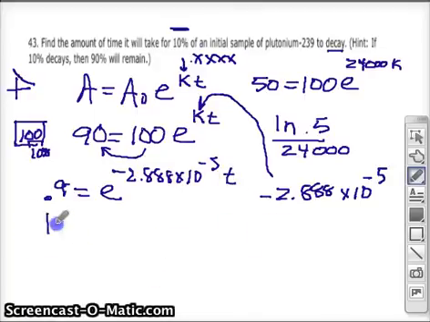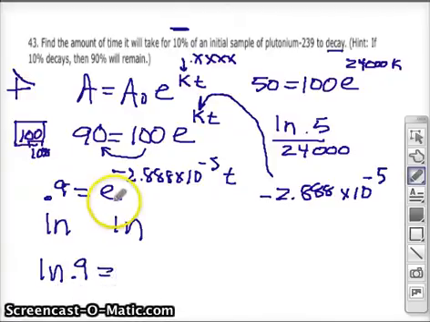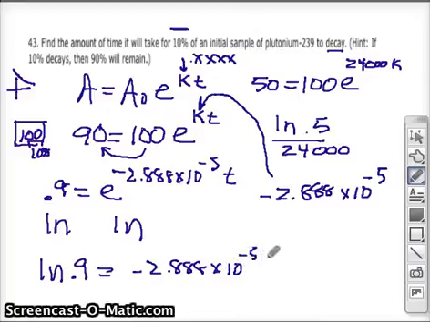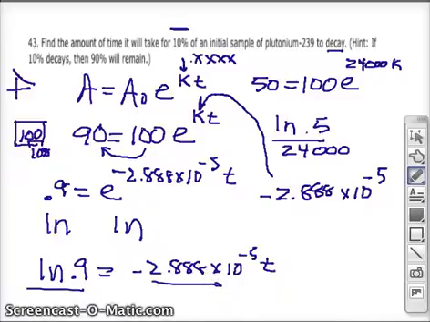Let's take the ln of both sides. Here I have the ln of 0.9, and ln of e to a power is just that power, which is negative 2.888 times 10 to the negative 5 t. All right, just divide both sides by that number.